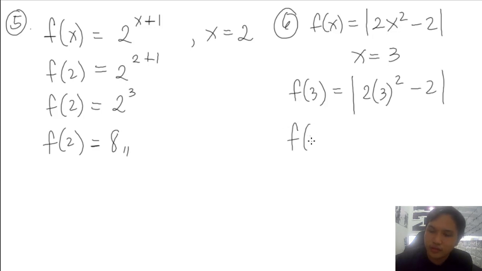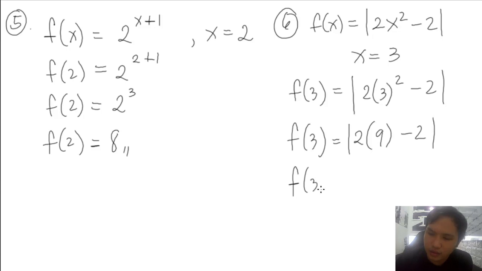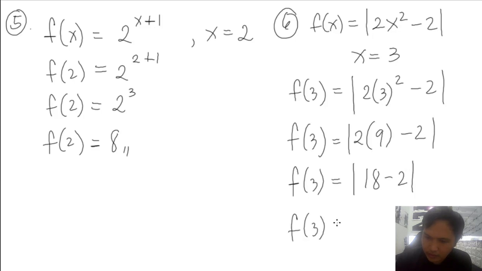Simplify. F of 3 equals 2 times, what is 3 squared? That's 9. Minus 2. Then we have f of 3 equals 2 times 9 is 18 minus 2. Then we have f of 3 equals 18 minus 2 is 16.